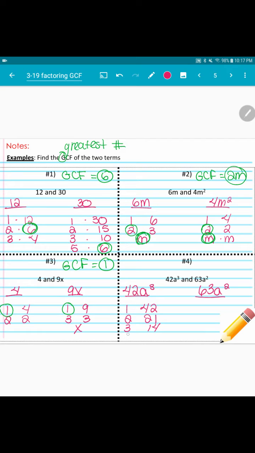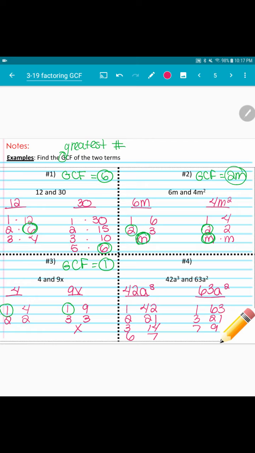And 6 and 7. 63, we have 1 and 63. 63 does not divide by 2. 63 divides by 3, though. And it also divides by 7.